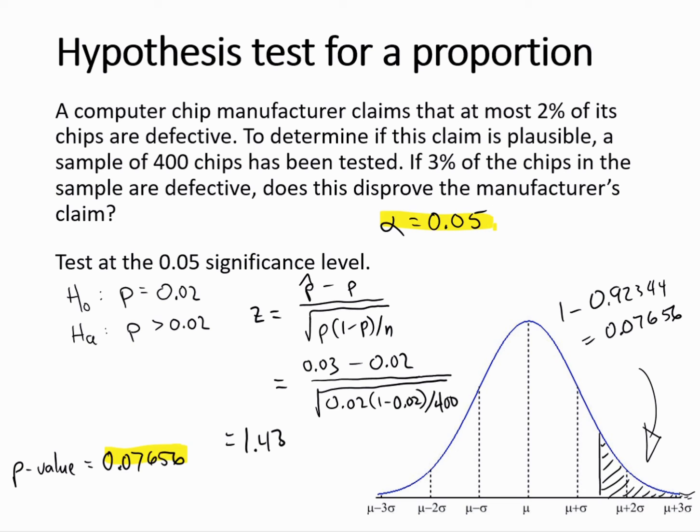In this case, we see our p-value is bigger than alpha, and when the p-value is bigger than alpha, we do not reject the null hypothesis.